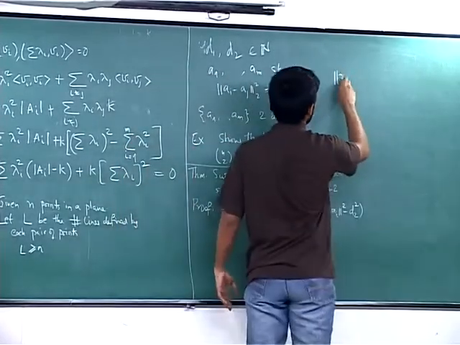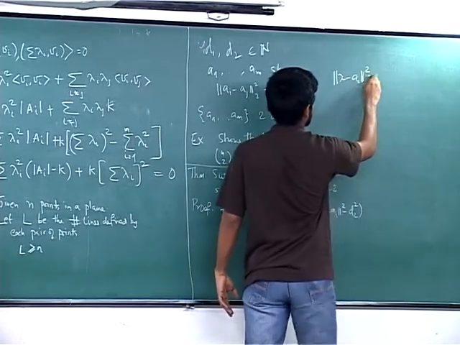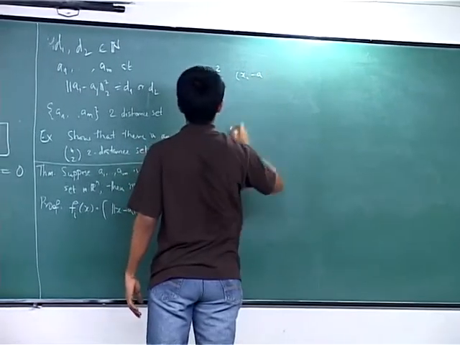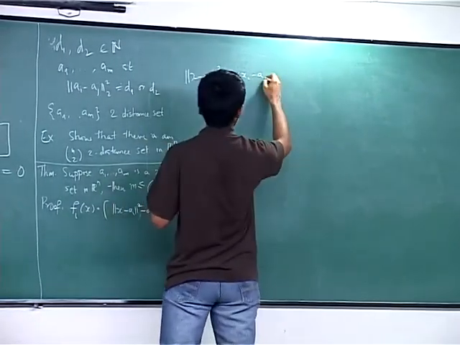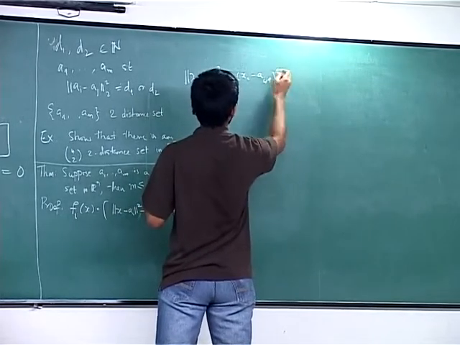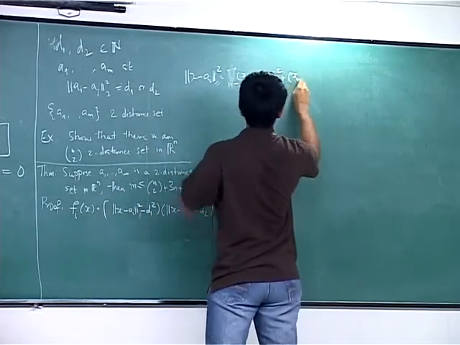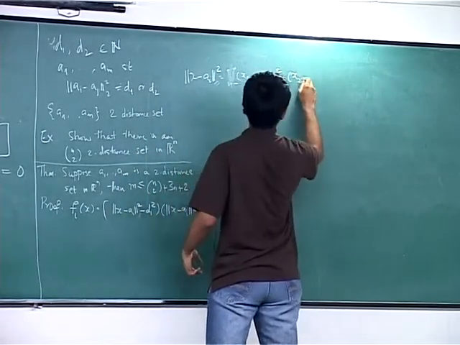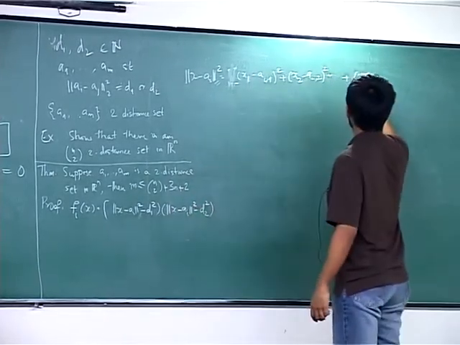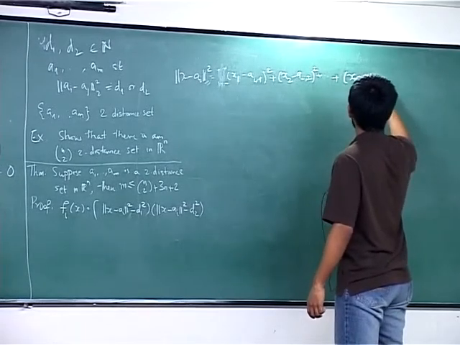This quantity is (x1 minus ai1) squared plus (x2 minus ai2) squared plus up to (xn minus ain) squared.